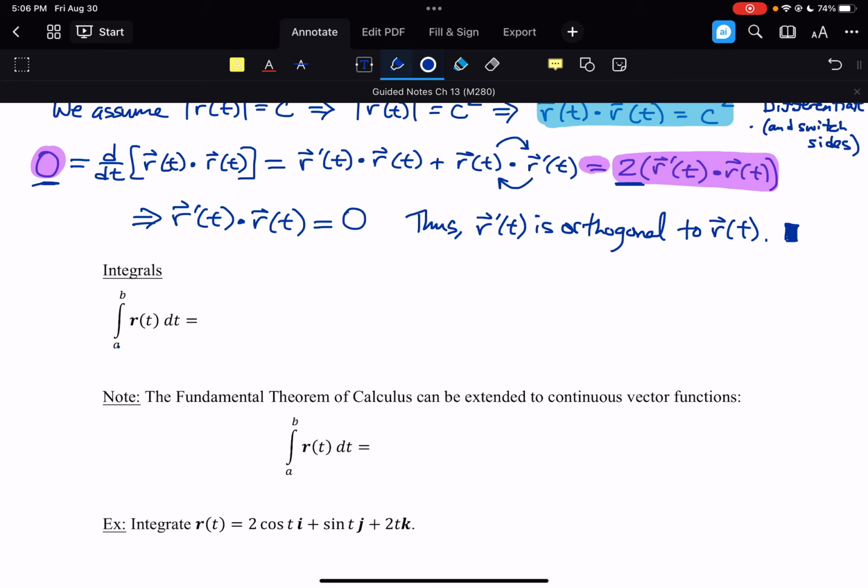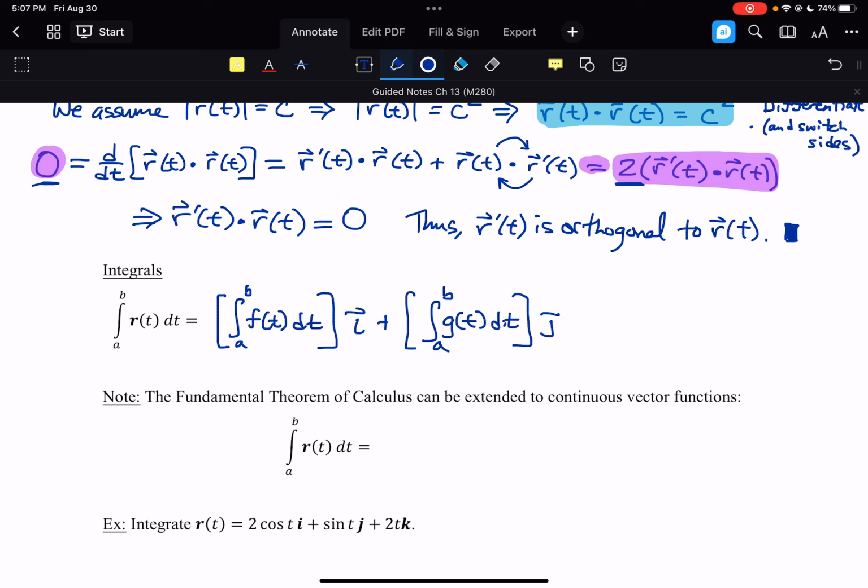If you take the integral from a to b of r of t dt, so you have a vector function, that's going to be the integral from a to b of f of t dt i plus the integral from a to b of g of t dt j plus the integral from a to b of h of t dt k. So it turns out that integrals also can move inside the components of a vector function. So we can take them one at a time.